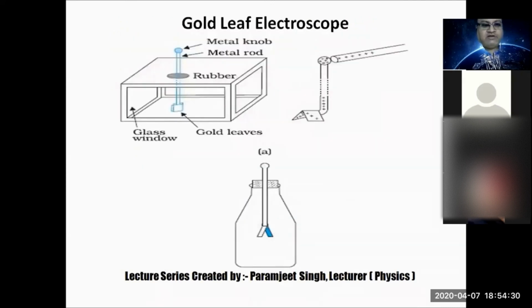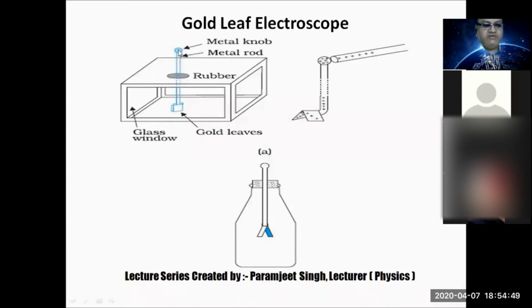Now the gold leaf electroscope. This is a device which is used to detect the presence of charge on any body. You can make it at your home. Take a glass bottle or glass container like this, or of cubical shape.